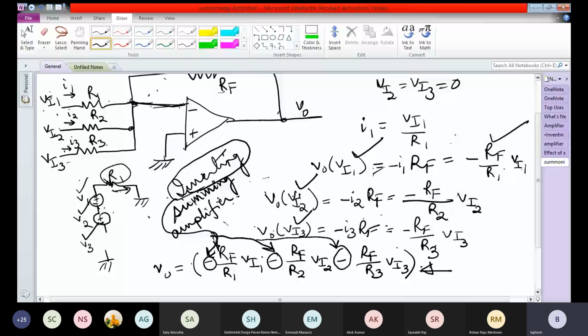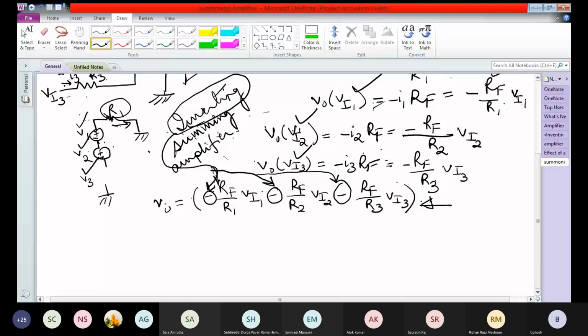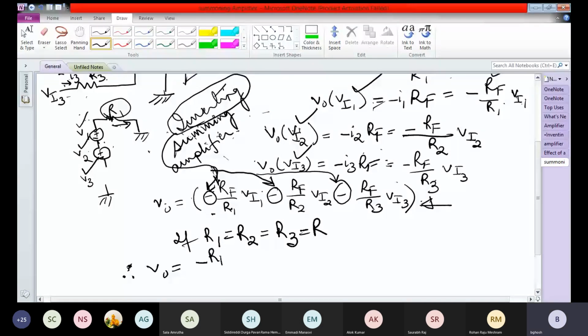Now if we set R1 equal to R2 equal to R3 equal to R, then V0 becomes equal to minus Rf by R times Vi1 plus Vi2 plus Vi3. Simple.